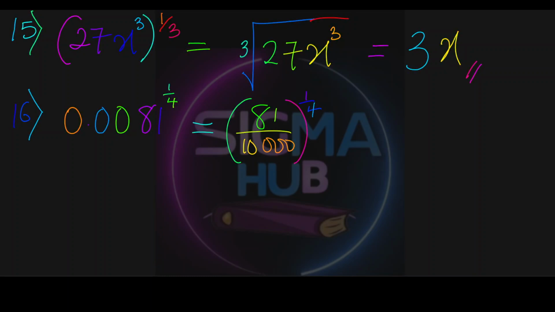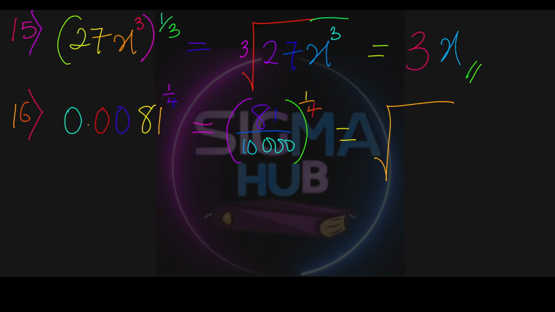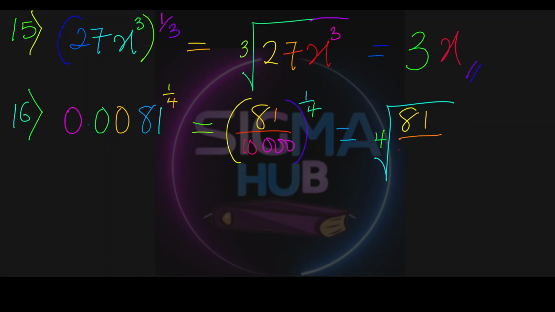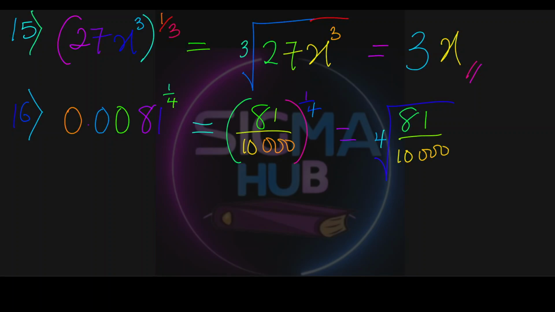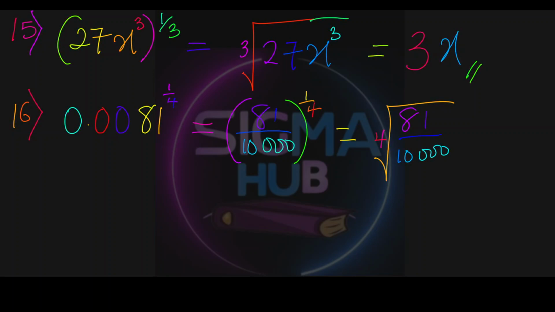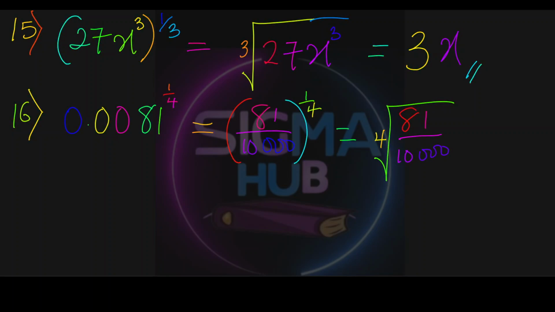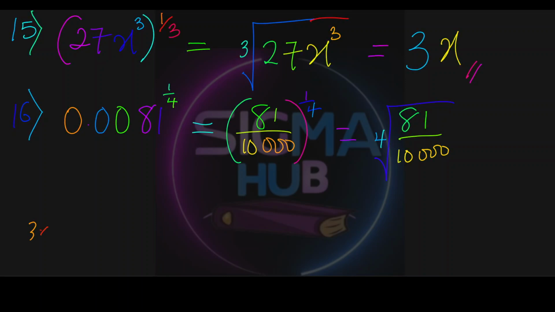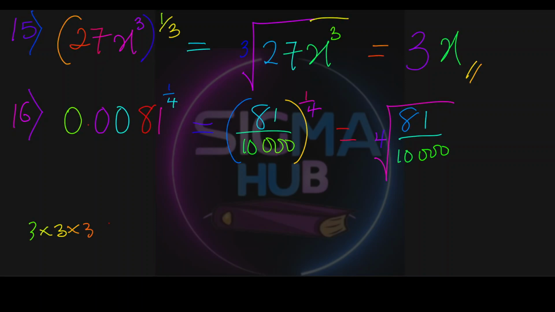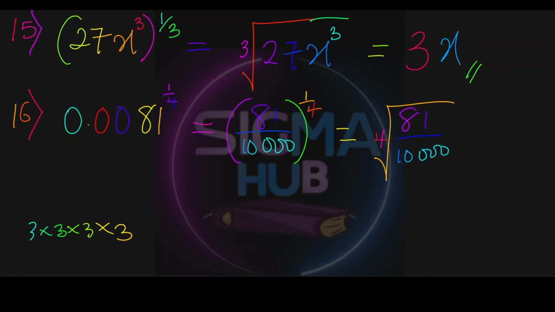And don't forget, the fractional index 1 over 4 is going to be equal to the fourth root. So the fourth root of 81 over 10,000. And the fourth root of 81 is 3. That is, when you multiply 3 in 4 places, it's going to be equal to 81. That is 3 times 3 times 3 times 3. It's going to give you 81.